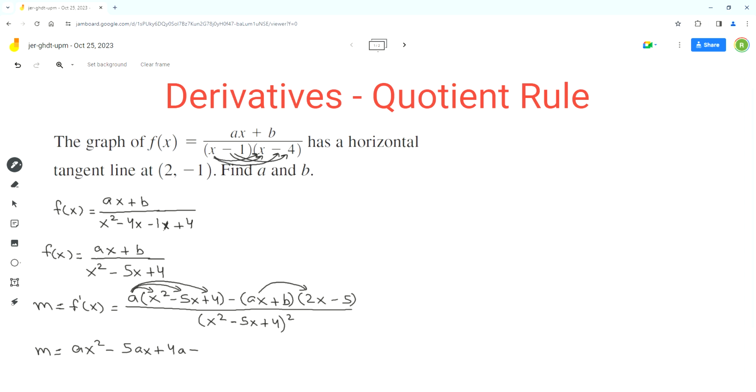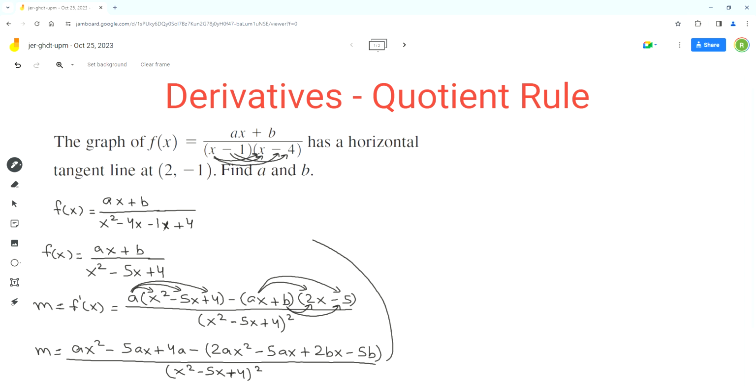So we multiply ax by 2x, then ax by negative 5, then b by 2x, then b by negative 5. So we get 2ax squared and then minus 5ax and then plus 2bx and then minus 5b, over the denominator, x squared minus 5x plus 4, squared.